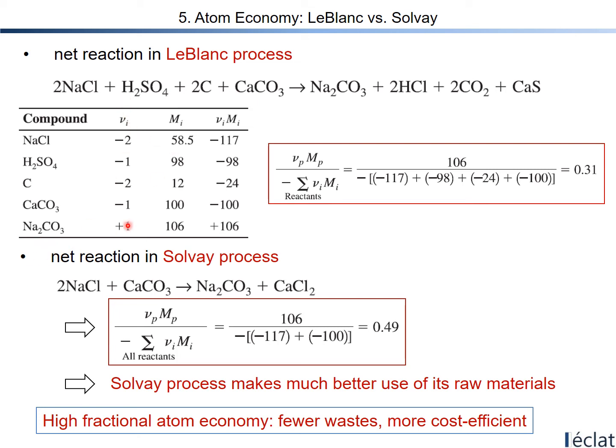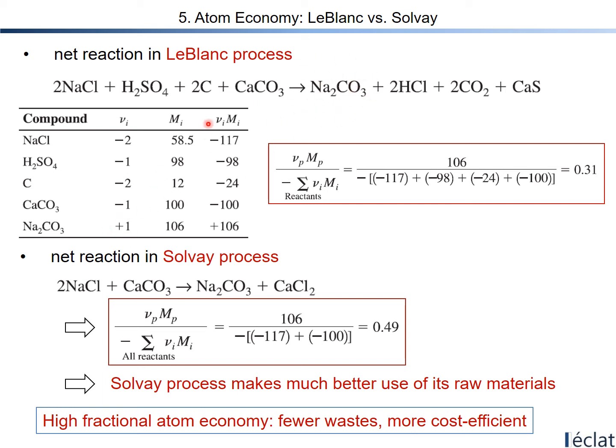Then the second column is, of course, the stoichiometric coefficient. It is like the stoichiometric coefficient table used in the generation consumption analysis. But in this case, we have used the overall equation instead of the stepwise equations. Then -2, -1 for sulfuric acid or something like that, +1 for sodium carbonate.